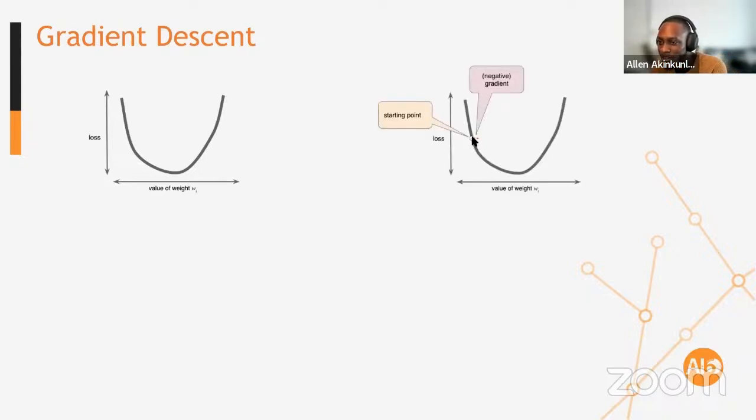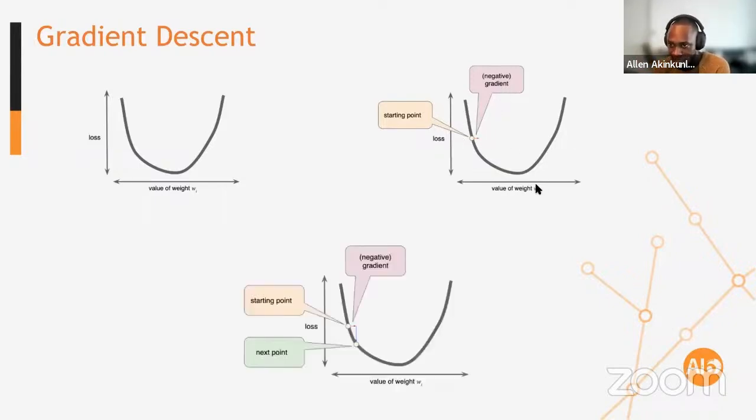If you want to increase the loss, if you want to go up, the gradient calculated here is going to tell you to move up here, right? But you don't want to move up, you want to go down, you want to minimize this. So you subtract, you go this way. The gradient will tell you to go up, but I want to go down. And this is then where you go. Does that make sense?